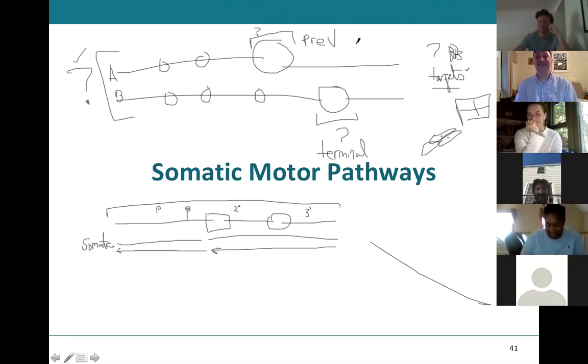So now the idea is this. You voluntarily made the decision. Notice your textbook doesn't ever entertain how that actually happened. It just simply says you made the decision to execute a somatic motor output.